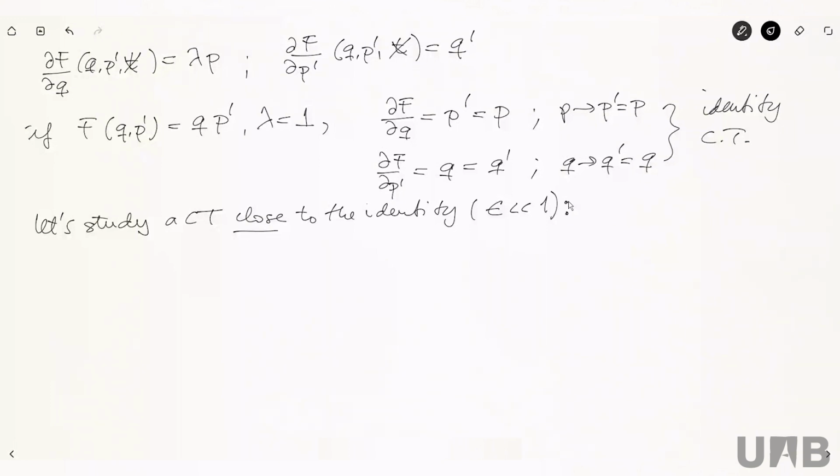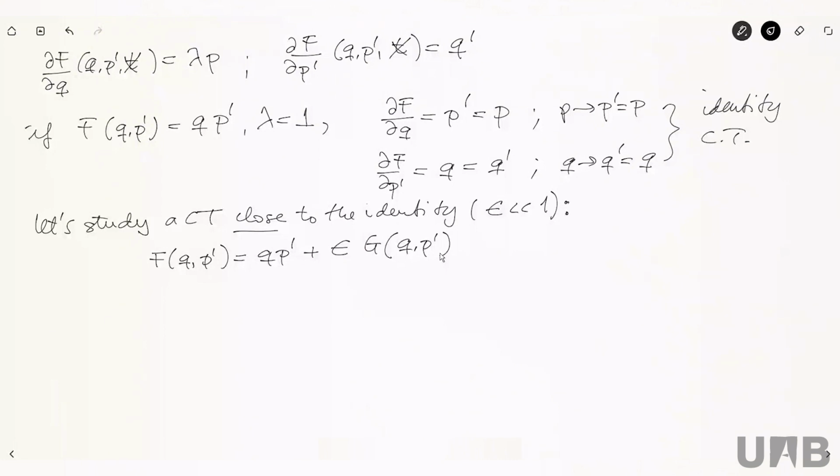So this is going to be the parameter that controls how much I diverge, how much I go away from the identity canonical transformation. So my generating function, f of q and p prime, is therefore going to be q p prime plus this small parameter epsilon times a general function g of q and p prime, okay? Where epsilon is very, very small.